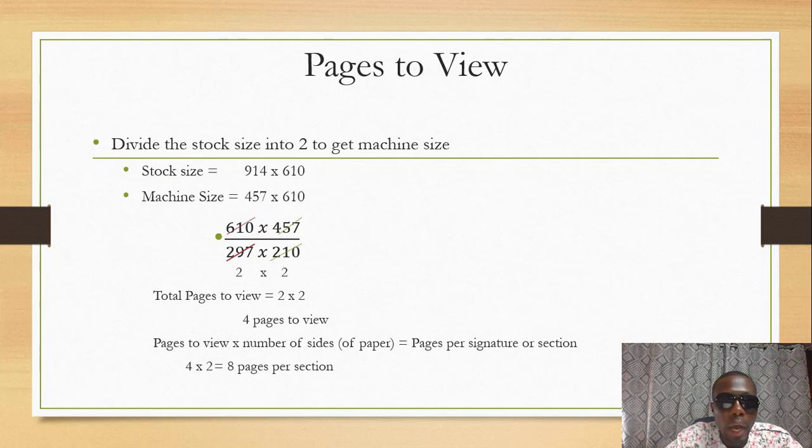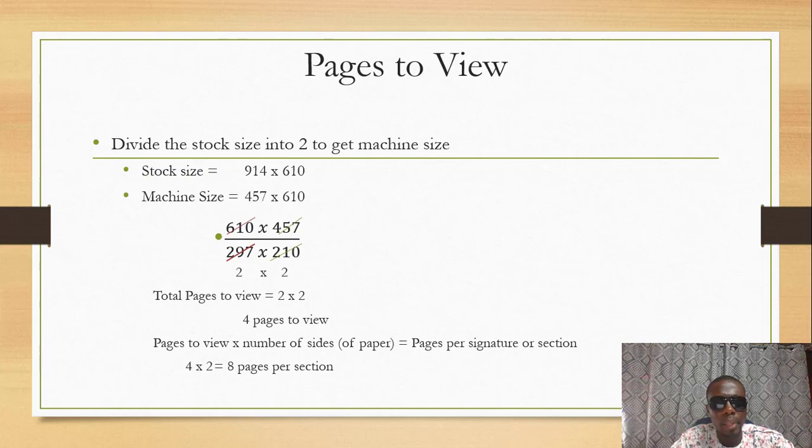So our machine size now is 610 mm by 457 mm, and our finished size of the book is 297 by 210. It means we have adequate spaces. So let's divide. The 297 will go into the 610 two times. Then the 210 will go into the 457 also two times.